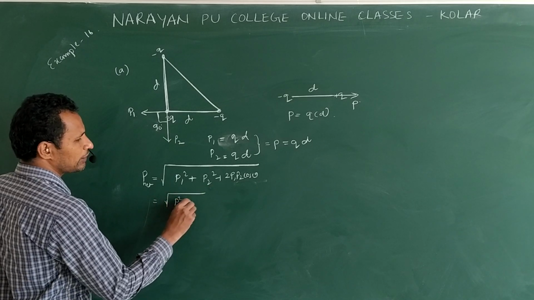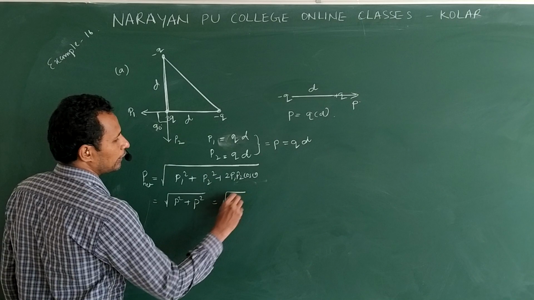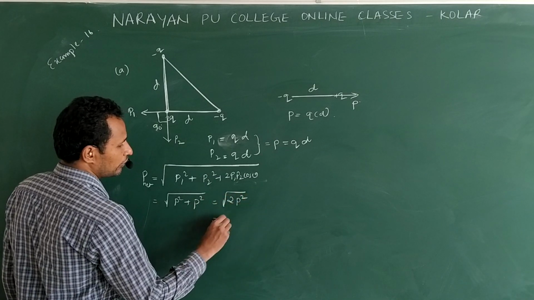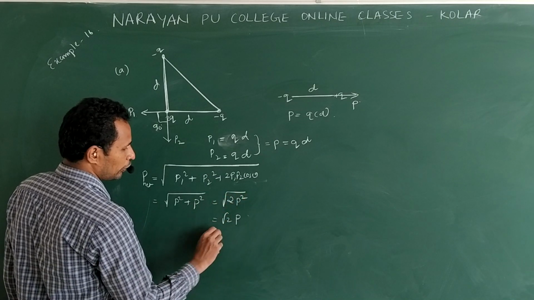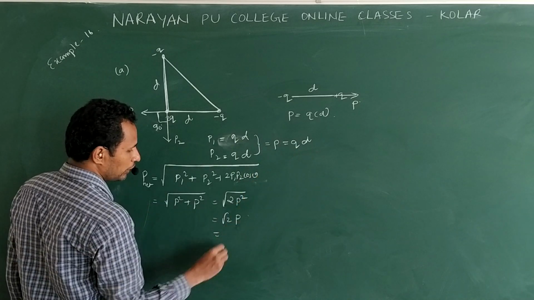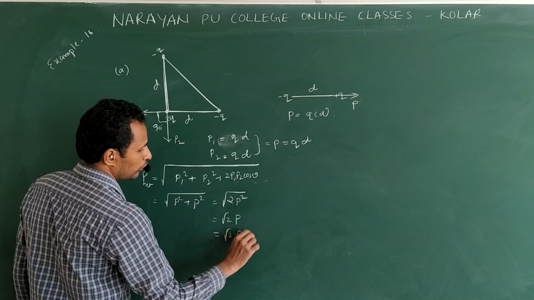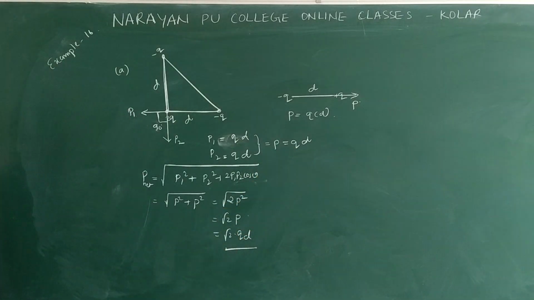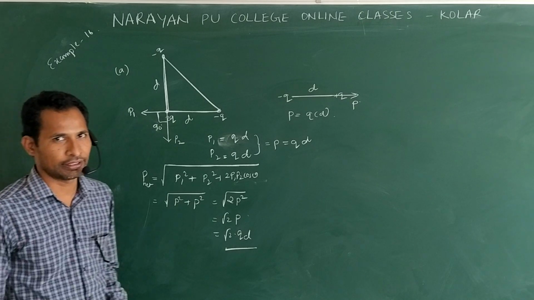So this is √(P² + P²) = √(2P²) = √2 P. What is P? Qd. So √2 Qd. If there is one dipole, then no problem. If you have two or three dipoles, we need to find the net resultant.